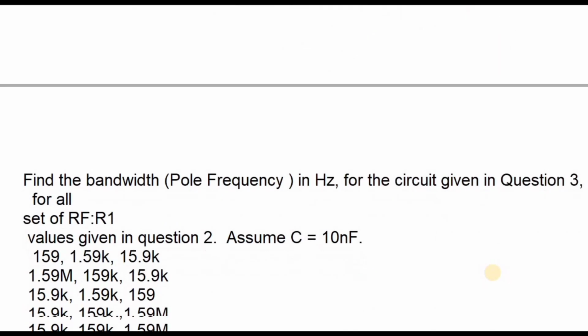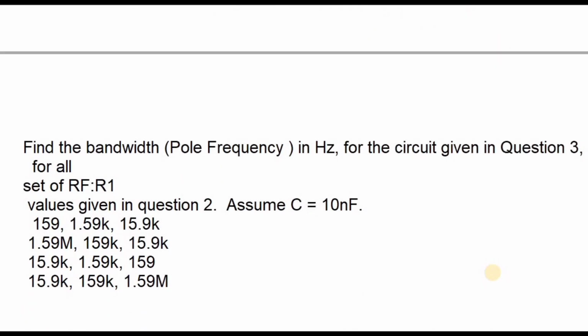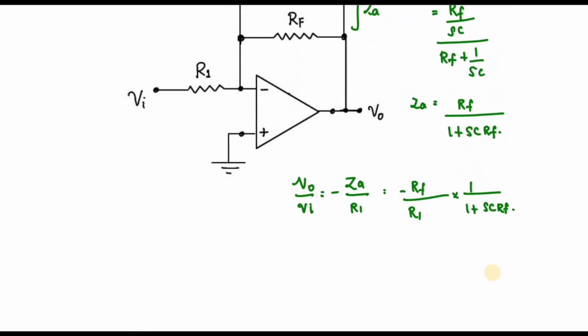Again for the above question, they are asked to find the bandwidth for all sets of values of RF and R1 given in question 2. Assume the C value is 10 nanofarad. So how to find the bandwidth?